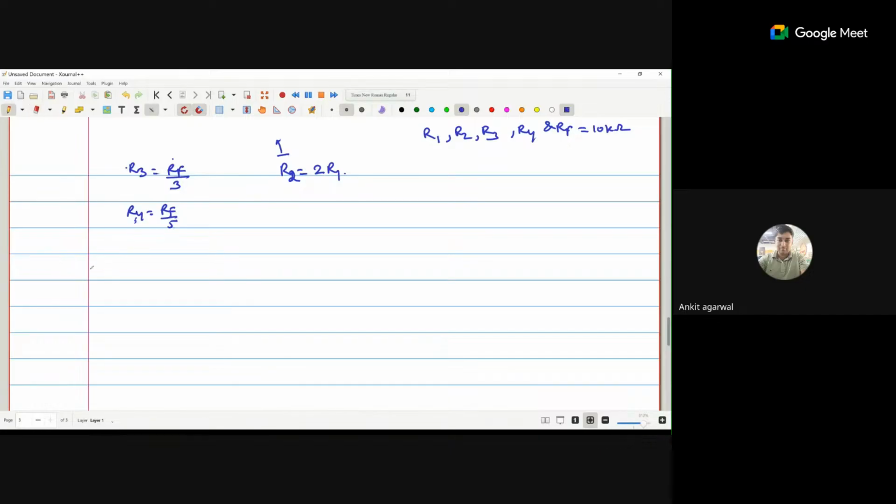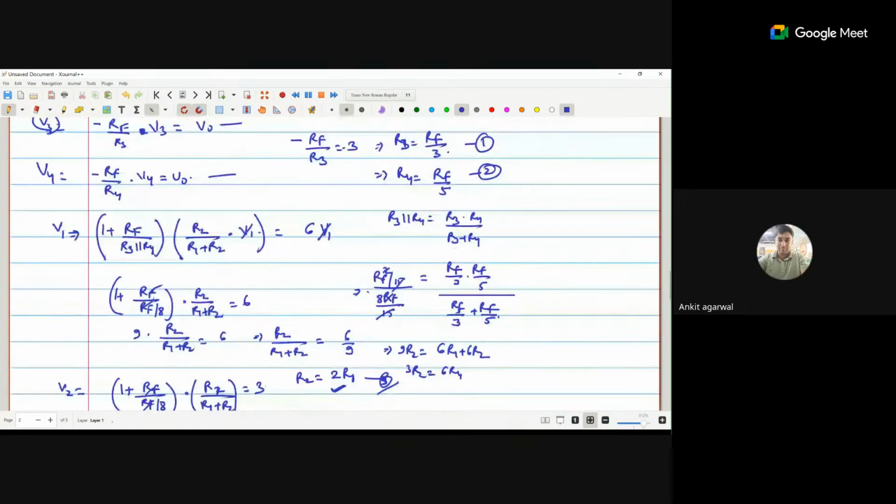So we choose R4 as 10 kilo ohm. Then RF is 50 kilo ohm, and R3 is 50 divided by 3, that is 16.66 kilo ohm. These three resistances we have calculated.